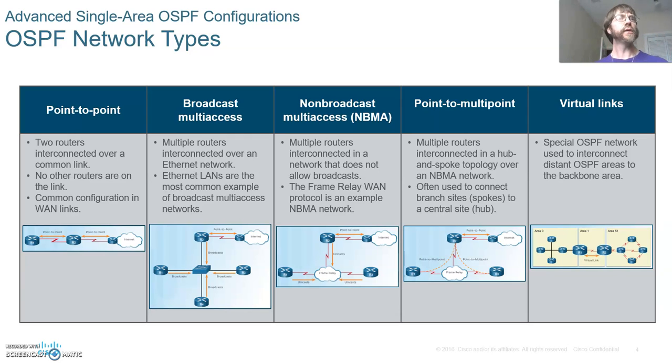And then finally, you've got virtual links. It's a special OSPF network used to connect truly distant OSPF areas through the backbone. And if it's really, really unusual, you might actually have, for lack of a better word, an intermediary backbone, a sub-backbone. Because as you can see in this image here, you've got your area 0, which would usually be your backbone. And what if there's a whole bunch of stuff over on the other end, so that this really is the backbone?